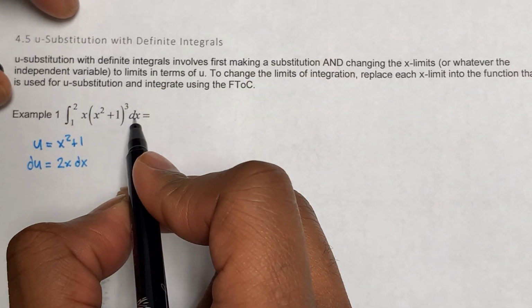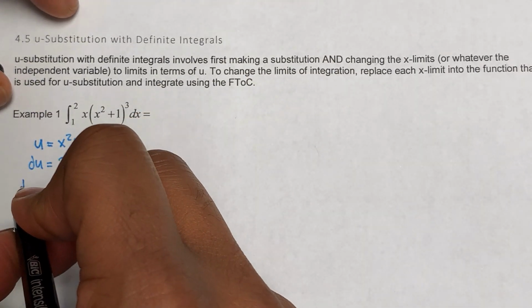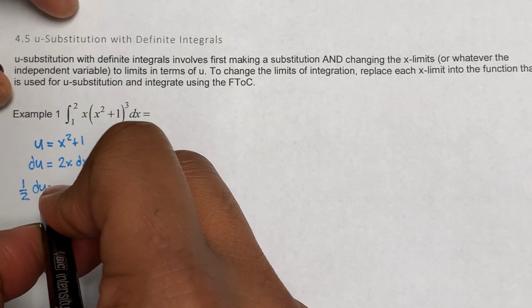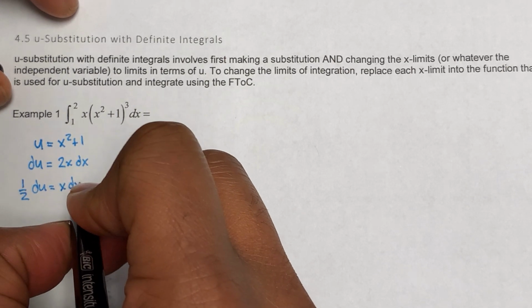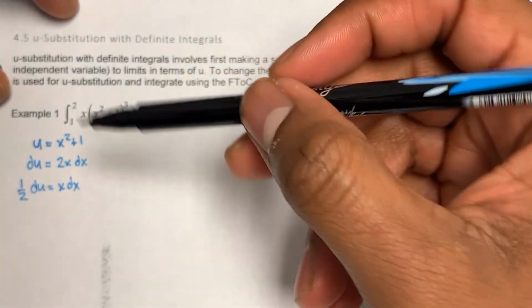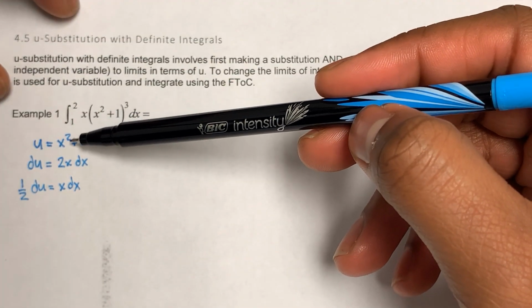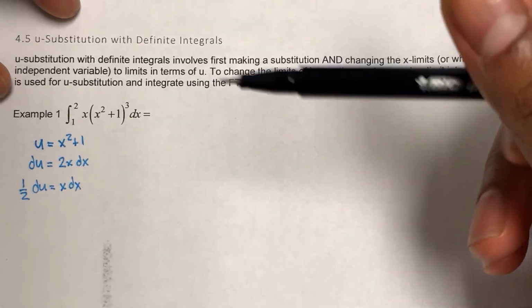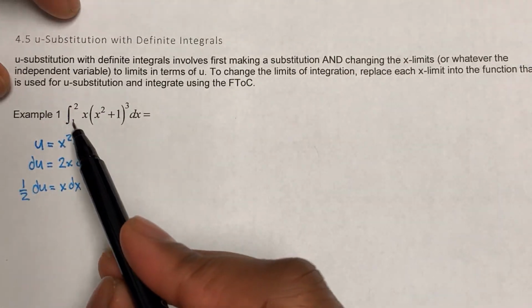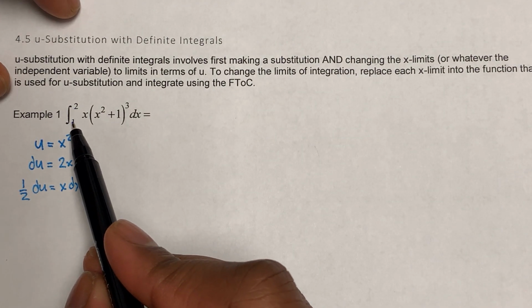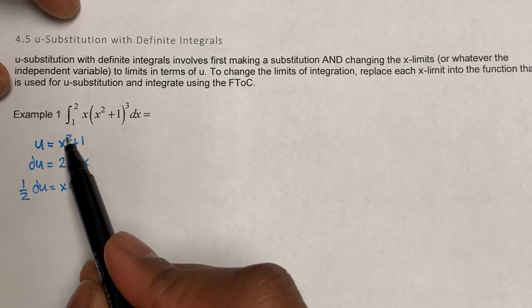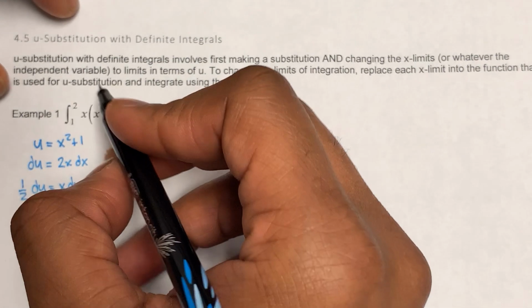Now we want to replace x dx, which means that 1/2 du is x dx. The great thing about u-substitution is that we don't actually have to go back to x's once we do our substitution. What we should do is substitute in our x limits so that we get new u limits.